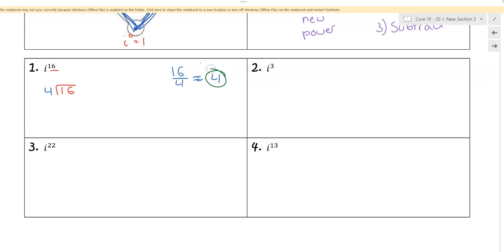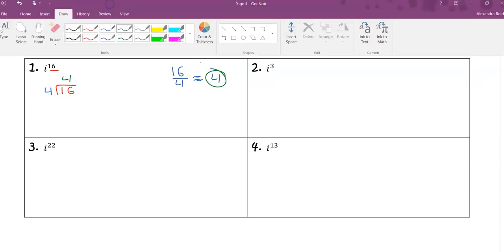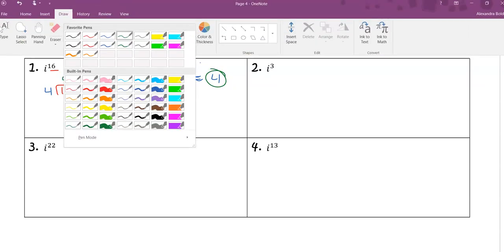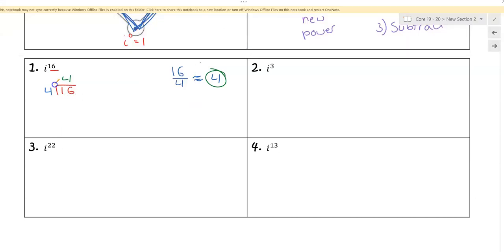So this number is what goes up here. Multiply. 4 times 4 is 16. Subtract. 16 minus 16 is 0. So i to the 16th is the same as i to the 0, which if we look back at our chart, which we will have to memorize, is 1.